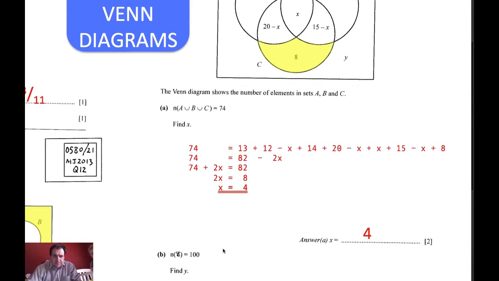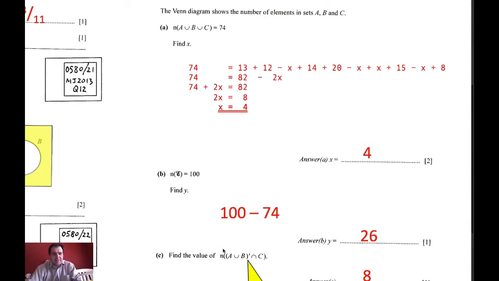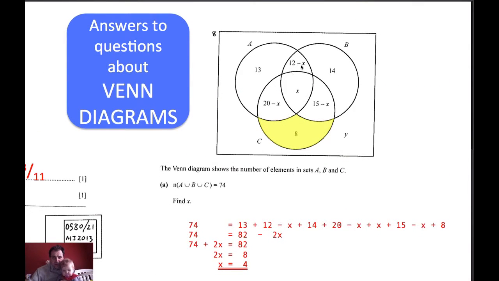And then in the same question, it tells you that the number of elements, and then you've got that funny squiggly E, and that means the set of everything, the universal set. So the number of elements in the whole universe of everything here is 100. So what does that mean? It means everything in A, B, and C, plus this extra y that's outside the whole thing, adds up to 100.